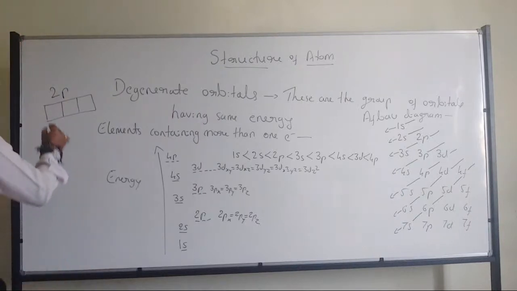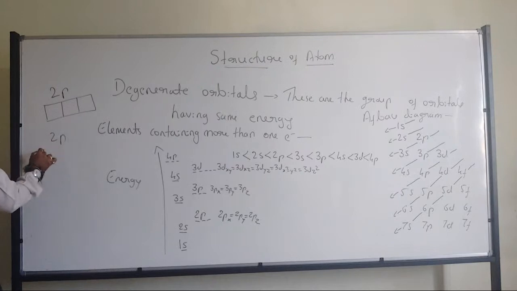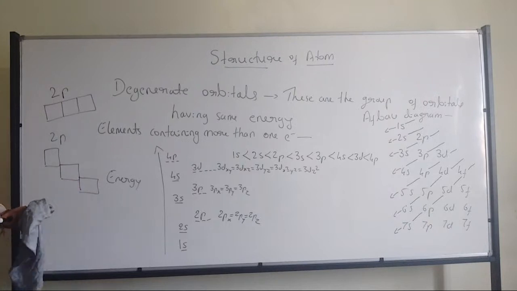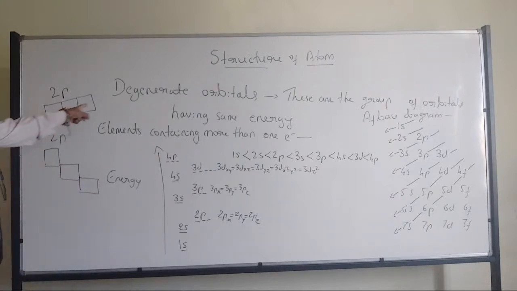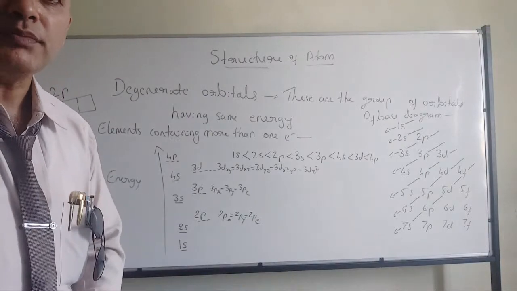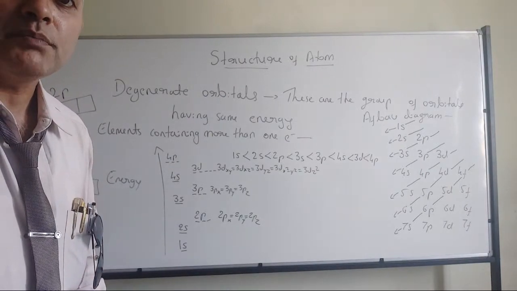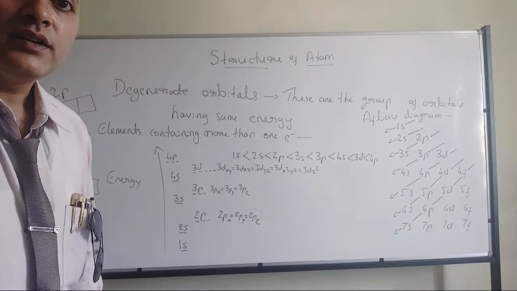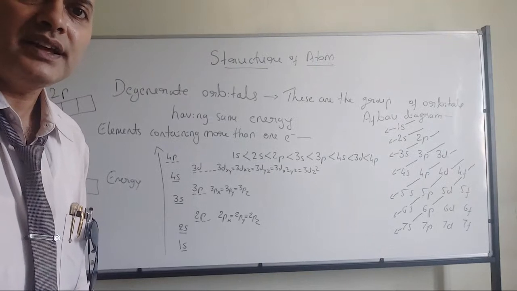Anytime I had written 2p, one box here, another box here and another box here, we have written in the same line, okay? So that's where they can be degenerate orbitals. Those individual boxes are nothing but orbitals only. Rohan, whether I am clear now?